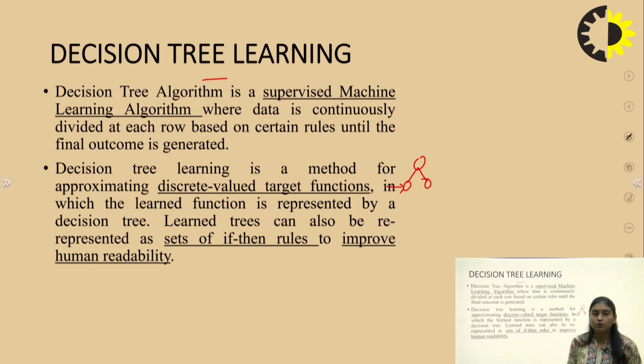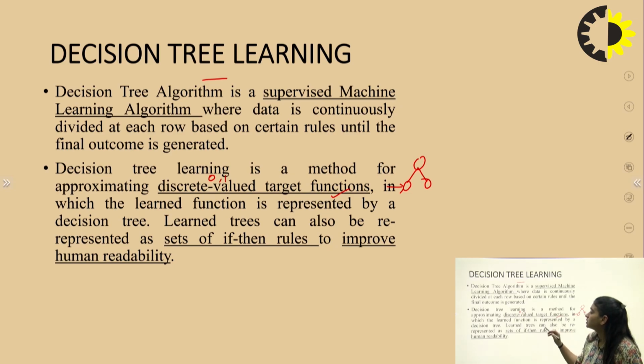It's a method for approximating discrete valued target functions. We have two types of target functions. One is continuous, the other one is discrete. Discrete refers to classification. The categories can be 0, 1 or yes or no, true or false, like that.